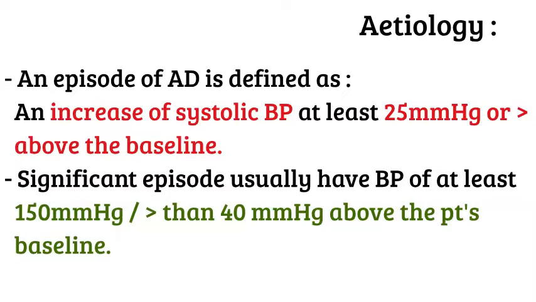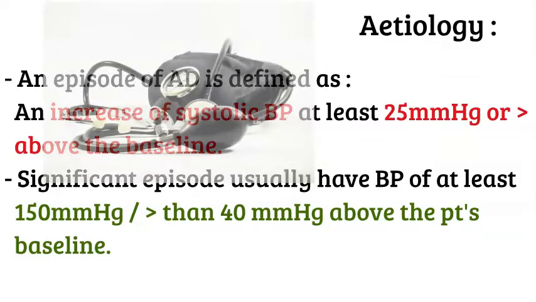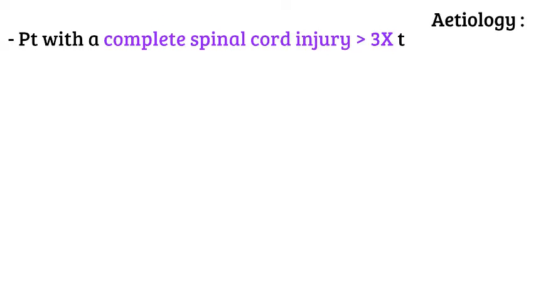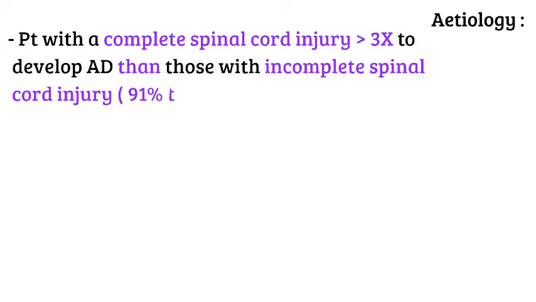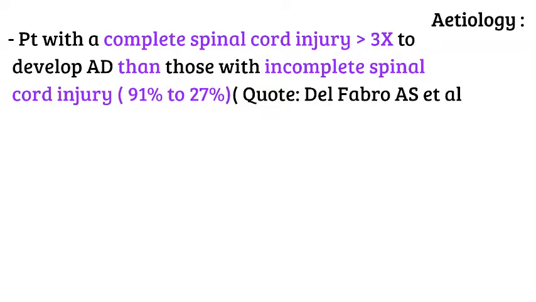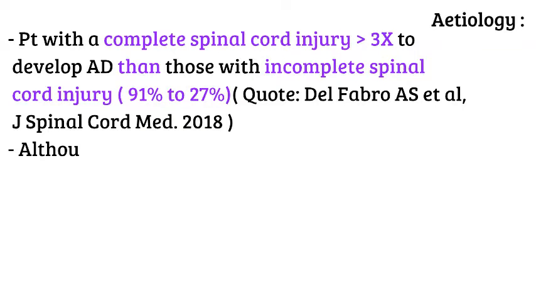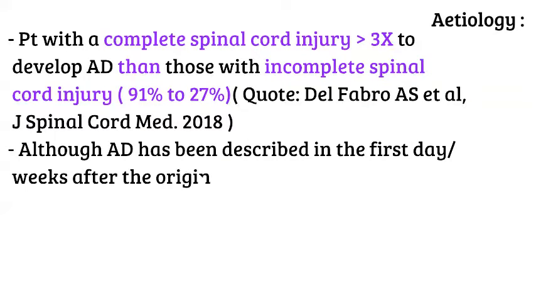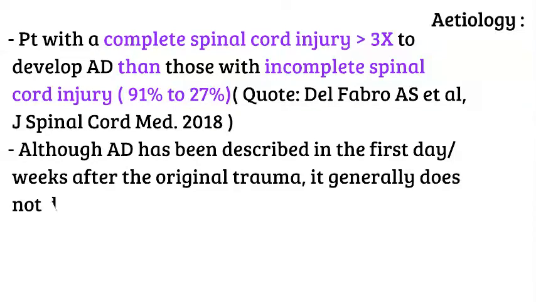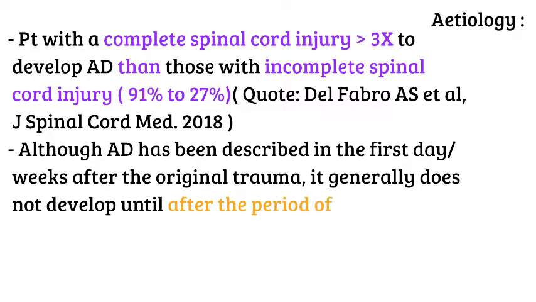A significant episode usually has a blood pressure of at least 150 mmHg or more than 40 mmHg above the patient's baseline. Patients with a complete spinal cord injury have more than 3 times the risk of developing autonomic dysreflexia compared with those with incomplete spinal cord injury, 91% to 27%. This figure is quoted from Del Fabro A.S. et al., Journal of Spinal Cord Medicine 2018.